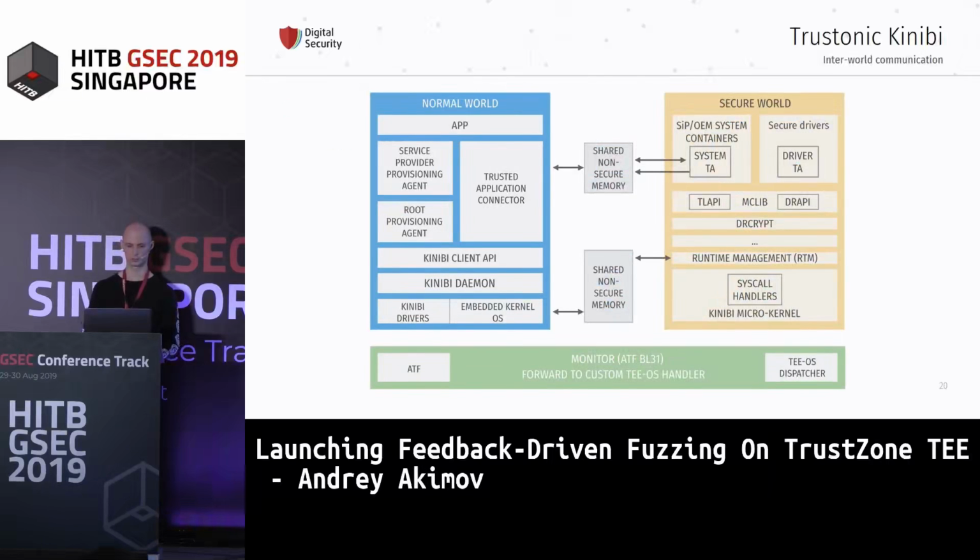To exchange data between worlds, Kinibi utilizes shared memory buffers. They are called World Shared Memory or WSM buffers. These memory regions are mapped both in normal world and secure world, but on both sides they have different mappings, so they have different virtual addresses.